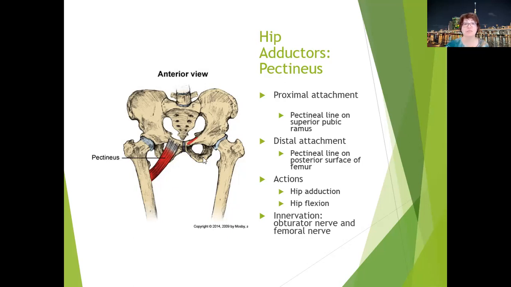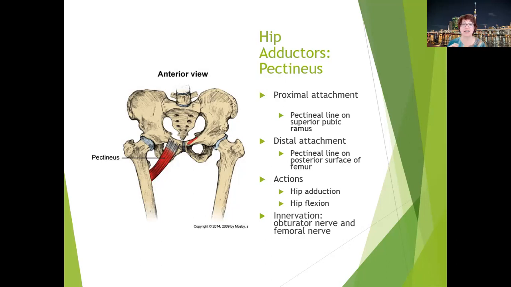Because it goes from anterior on the pelvis to posterior on the femur, that gives it its line of pull for hip flexion. Because it runs a little bit obliquely from medial to lateral, that gives it its line of pull for hip adduction. Interestingly enough, most of the muscles with adductor in their name are innervated by the obturator nerve.